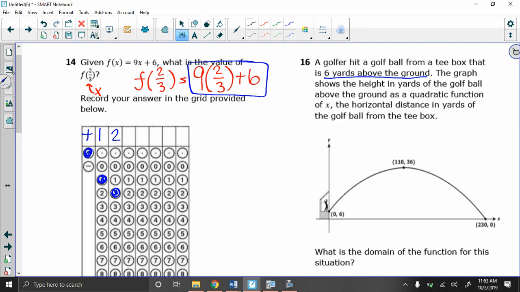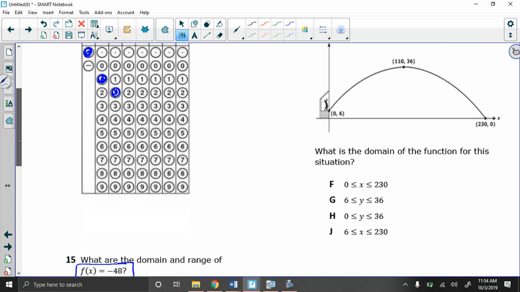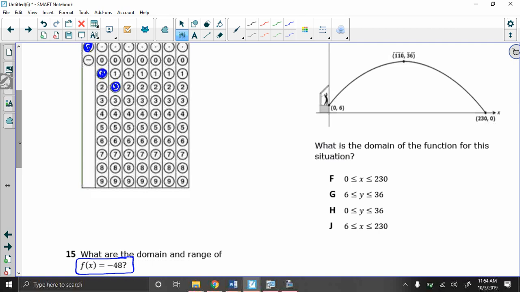What is the domain of this function? So if we just look at this picture, basically everything that was given to you in that word problem is useless. This is what's important. This and the picture or the graph.